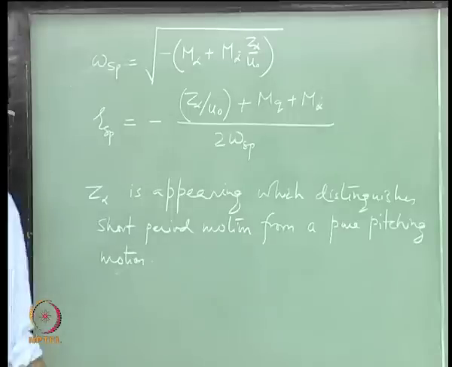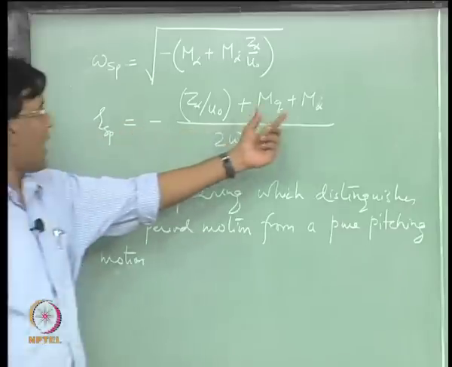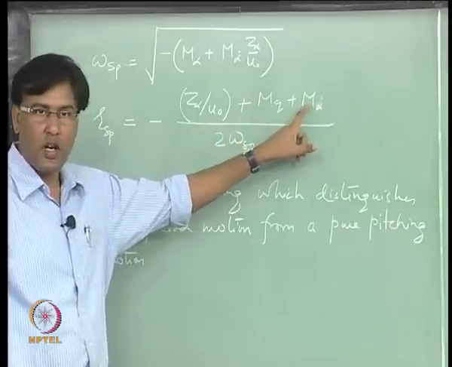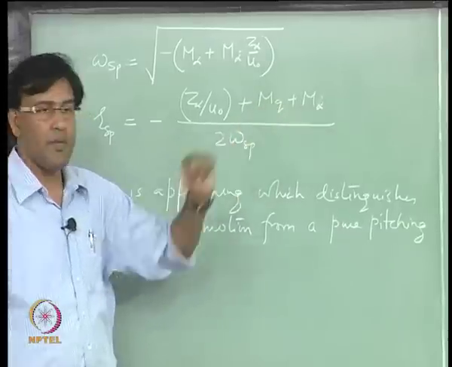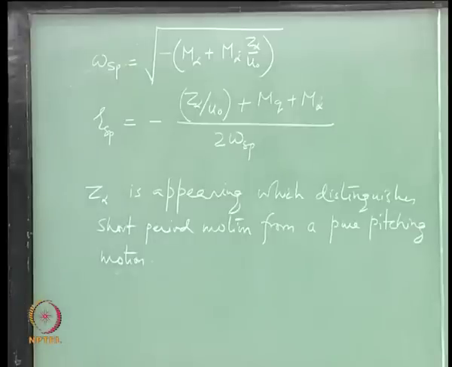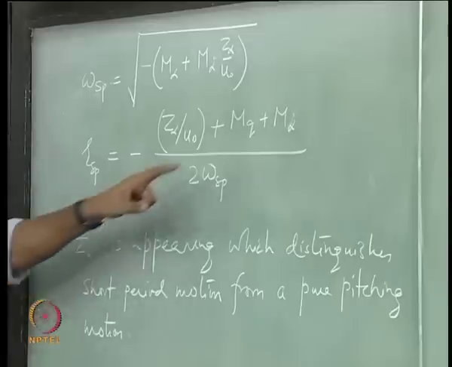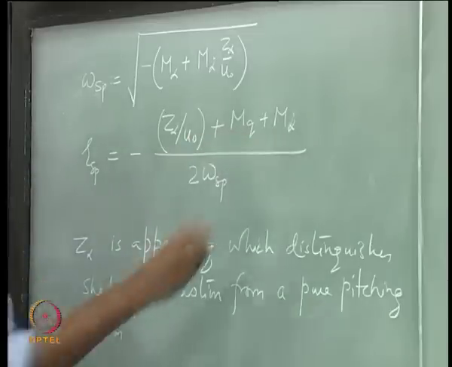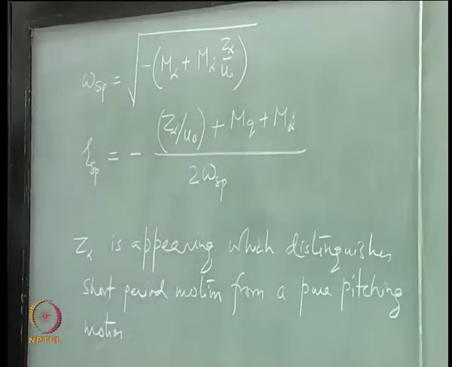An effect of that is that even though the short period motion is damped out due to these terms M_q and M_alpha dot, M_q and M_alpha dot are damping terms, isn't it, because rates are involved here. The pitch rate is involved here, alpha dot is involved, right, and those terms having rates involved are damping terms, right.